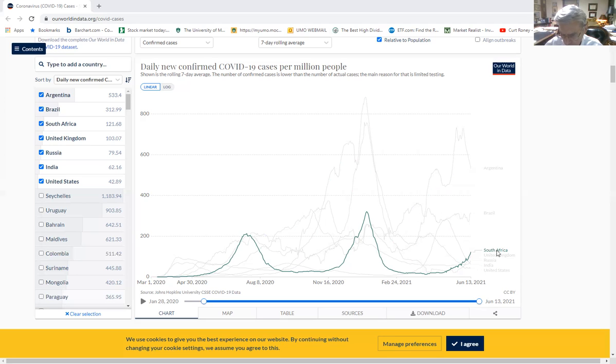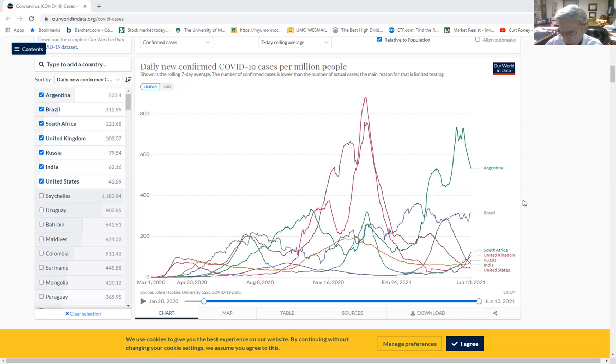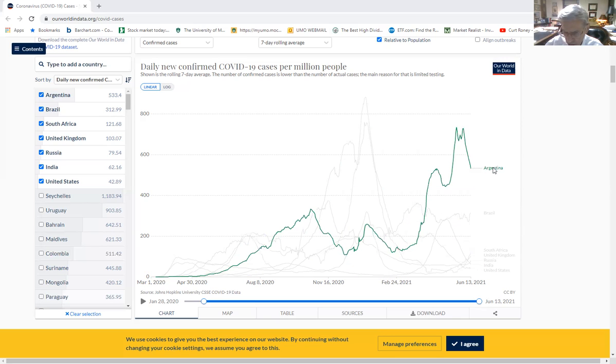But this is South Africa. And again, it's had two surges, and it looks like it's getting ready for another. And then we have Argentina. And Argentina, no question about it, is really, remember the chart we saw, the economic chart with Argentina's economy dropping 10%? Here we have a pretty good explanation of that.